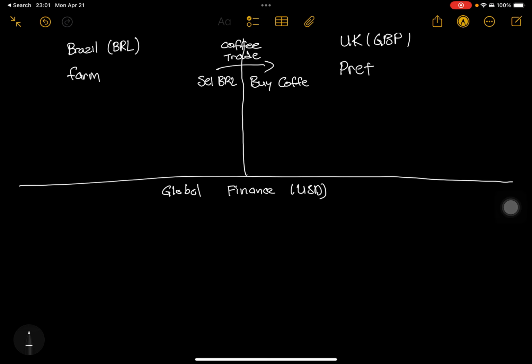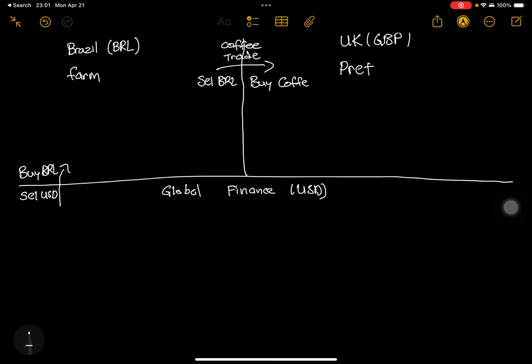Okay, but where does this Brazilian real come from? Well, it comes from the forex market. So there's another arrow over here where you need to actually acquire Brazilian real in order to sell it to the farmer. In order to acquire Brazilian real, you actually need to sell the reserve currency, so USD.